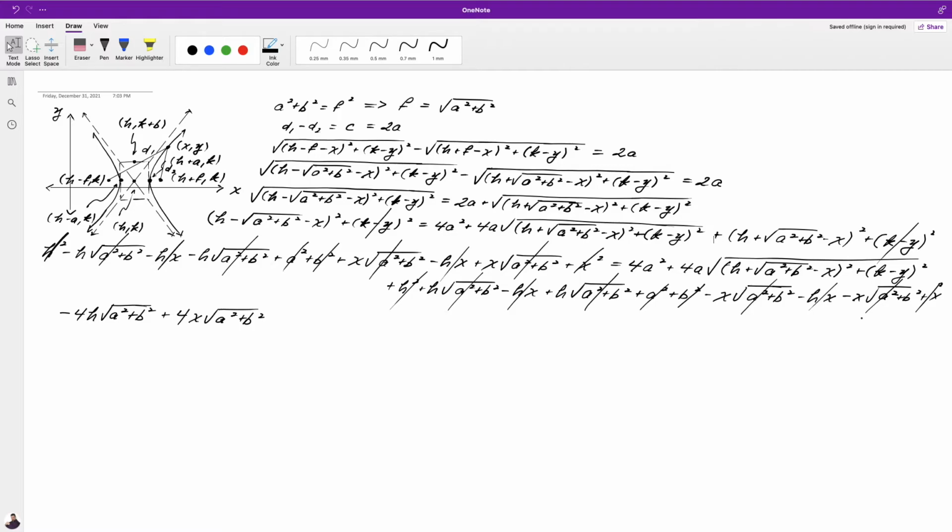Okay, good. I can also subtract a 4a squared over, which is probably smart. Let's account for that. And then over here, what I have remaining is simply 4a and then times the square root, of course, of h plus the square root of a squared plus b squared minus x all squared plus the quantity k minus y all squared.